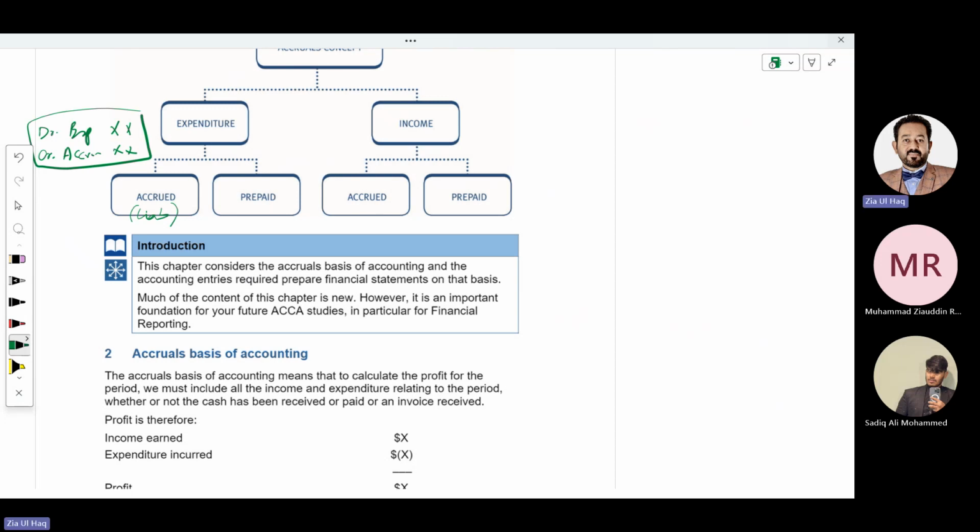Or expenditure could be prepaid. Prepaid means we have paid in advance, because against expenditure we need to pay, against income we need to receive. If we have paid in advance, so debit prepaid and credit expense.